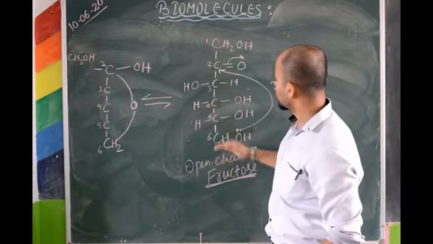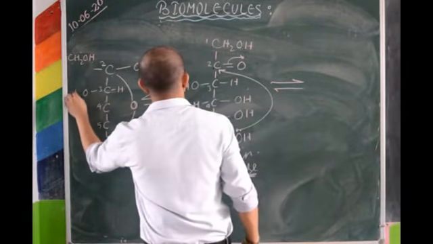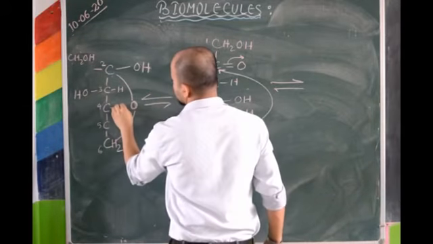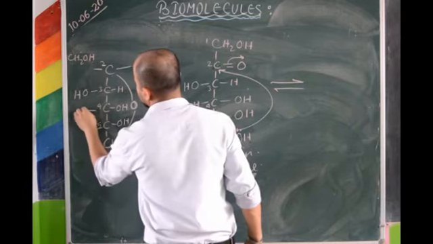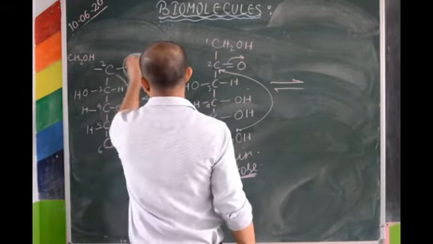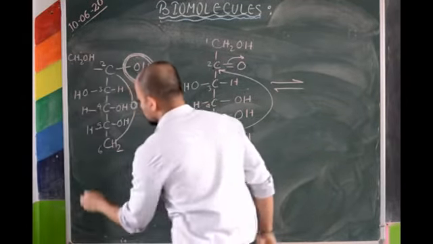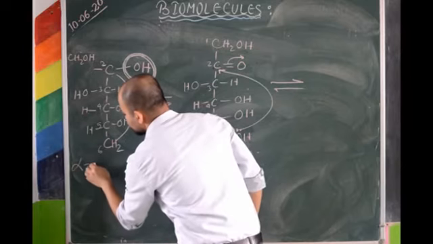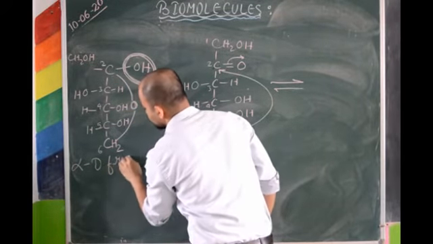The others can be written as they are: hydrogen, OH, OH, OH. This side you have hydrogen and hydrogen. Now this OH group is again on the right hand side. Therefore, it is known as alpha D fructose.